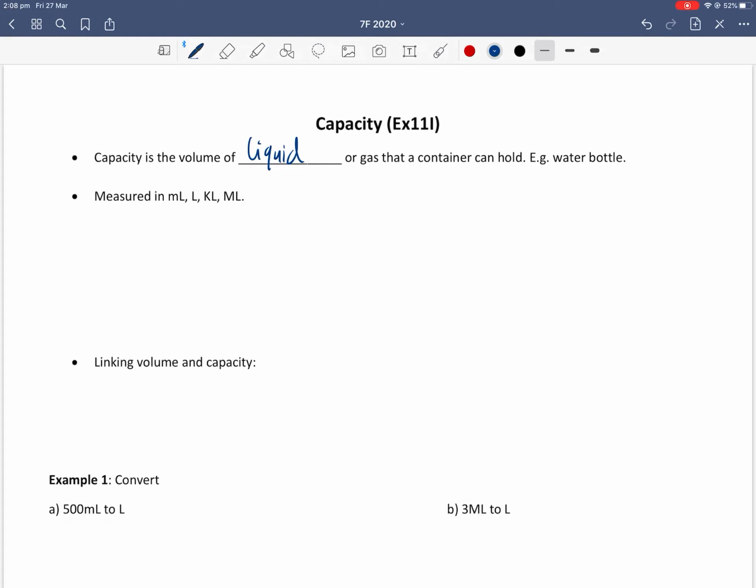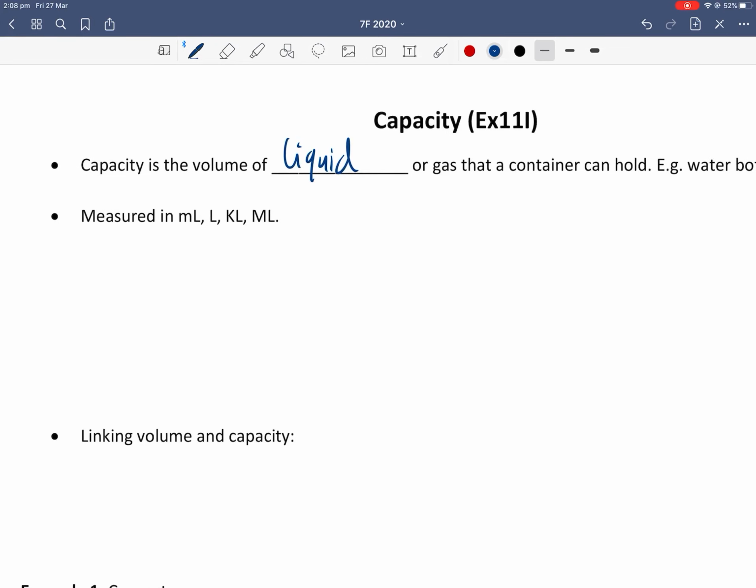Now, the units of capacity are milliliters, liters, kiloliters, and megaliters. So small m, capital L for milliliters, L for liters, KL is kiloliters, and big M, big L is megaliters.